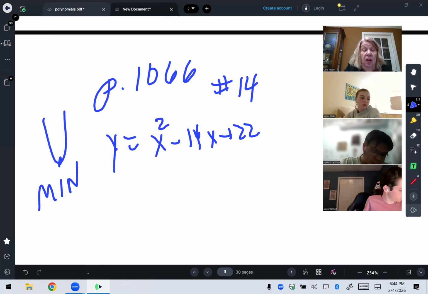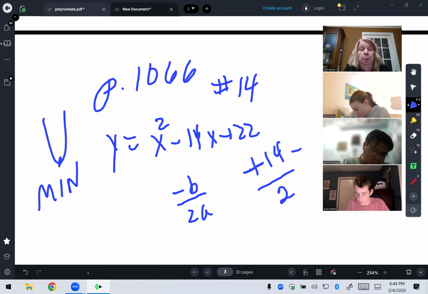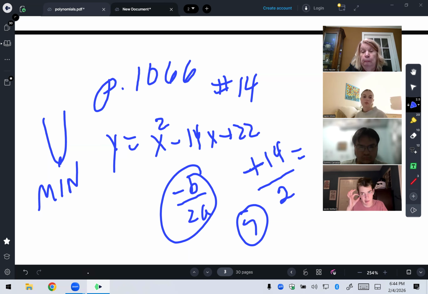Or I could just say, wow, minus b over 2a: minus negative 14, plus 14 over 2, 7. It's actually quicker to use this as far as time goes. Does that make sense? But of course you could go to Desmos and put it in and get the minimum.